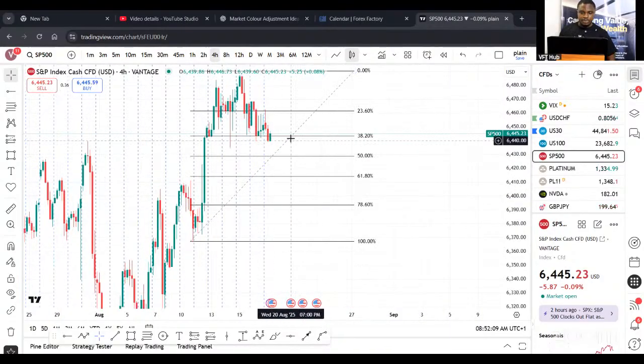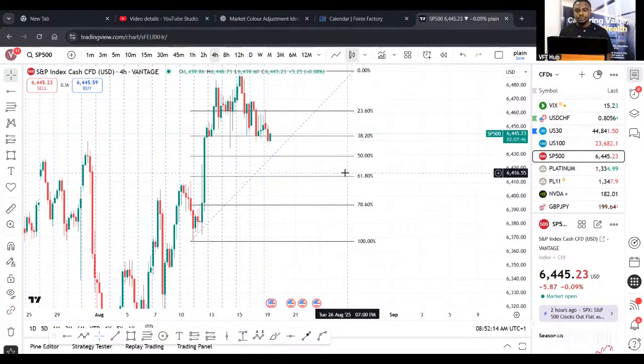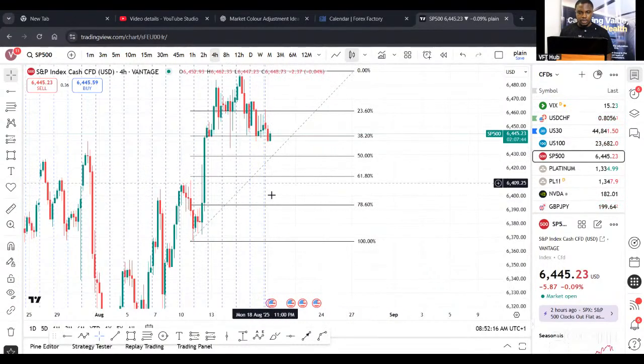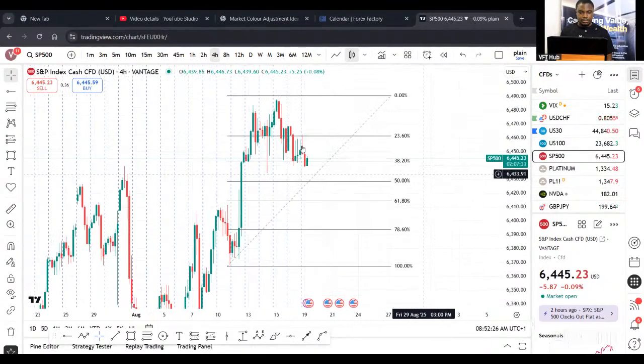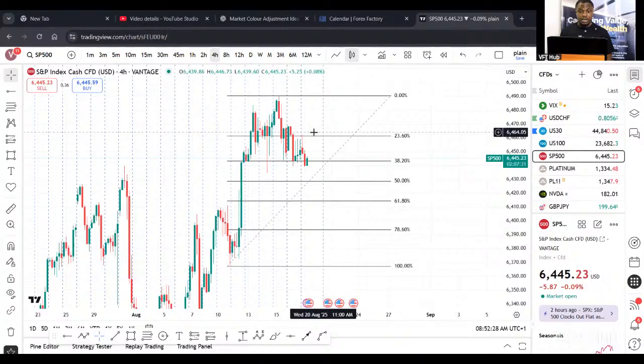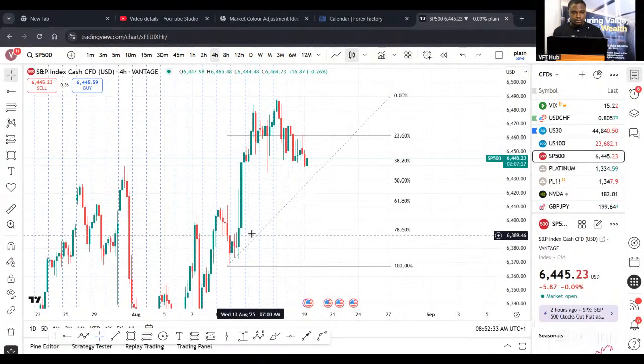It's still above 50%. So unlike US 100 and US 30 that are below, down at the discount level, 78.6, 61.8, that we can buy from and be confident to hold long term, this guy is still at a premium level, and it's not advisable to buy from that, right?